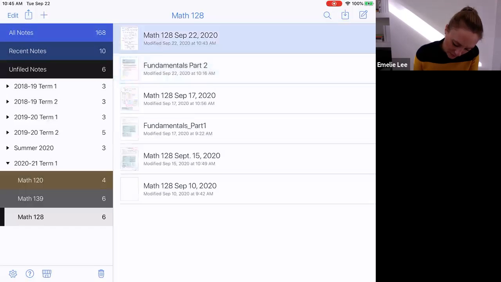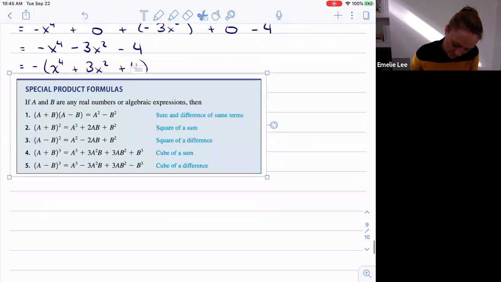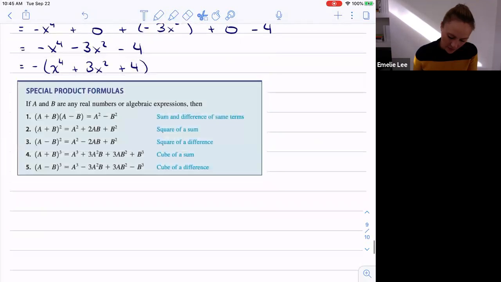Let's see here. So here we've got these special product formulas. If A and B are any real numbers, then we've got these shortcuts. Like I said, not worth memorizing, but being able to recognize these might pay off.